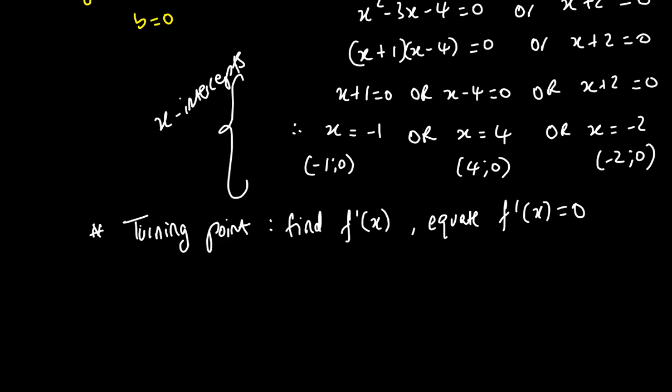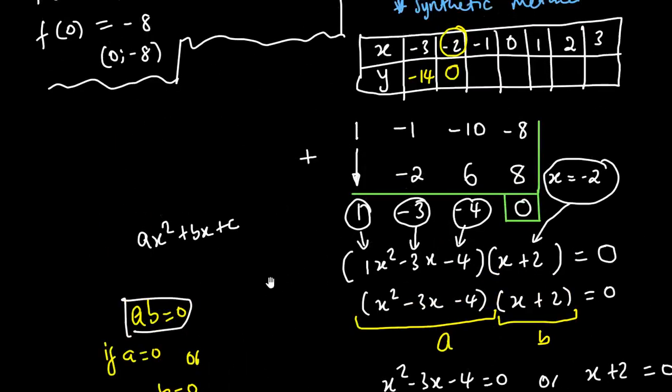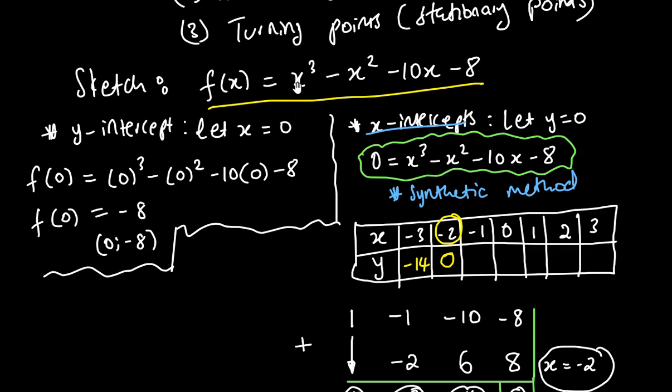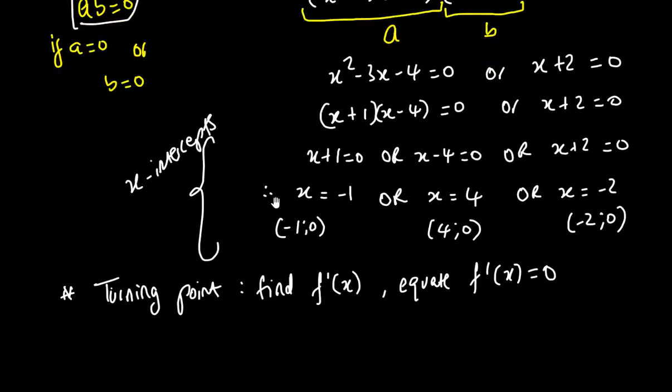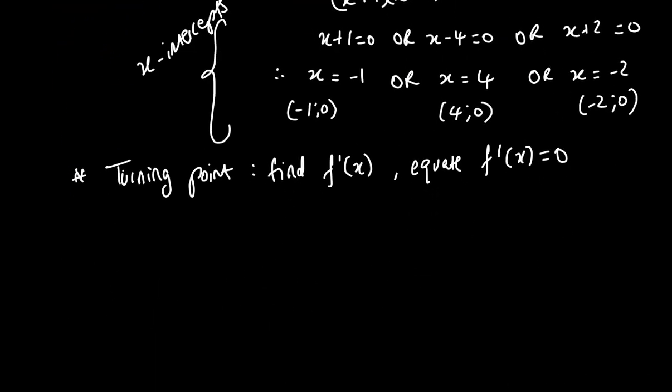Okay, so what is the equation of f? Remember, let's look at it here. Can you try to find the derivative there? So to get the derivative, since our f of x is equal to x cubed minus x squared, and then minus 10x, and then minus 8.